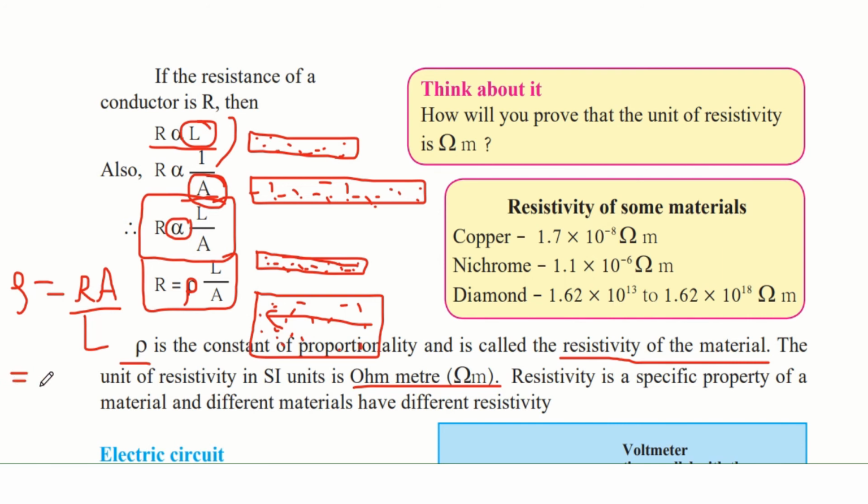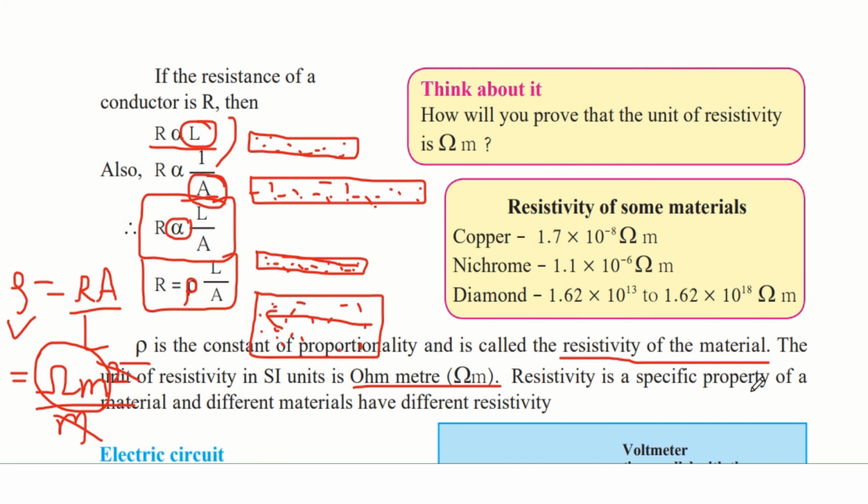We know R has a unit of ohm, A is the area, and we know area has a unit of meter square, and length would be meter. So we will cancel one of the meters, and we get ohm meter as the unit of rho.